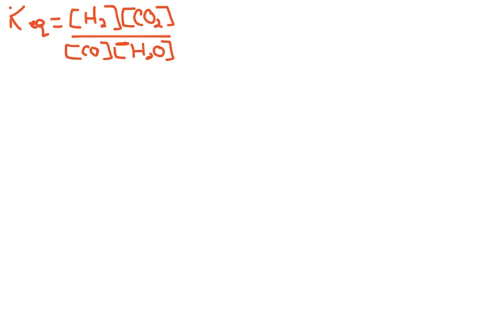Filling in what we know, KEQ is 8.3. Concentrations of H2 and CO2 are both X, so we have X times X on top. Concentrations of CO and H2O are both 0.20 minus X. And these are brackets here.